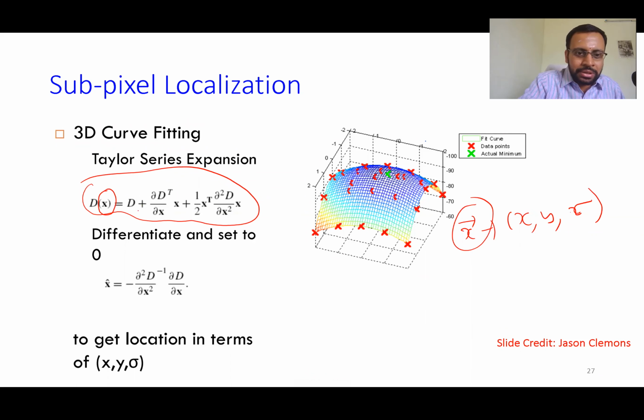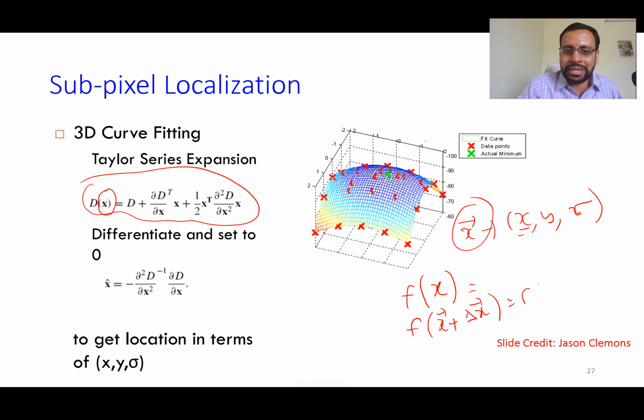Hope you all remember we already did this Taylor series expansion earlier. So f of x plus x bar, to avoid confusion with delta x bar, you could write it as f of x bar plus dou f by dou x bar into this delta x bar, right? That is the kind of approach you take there.